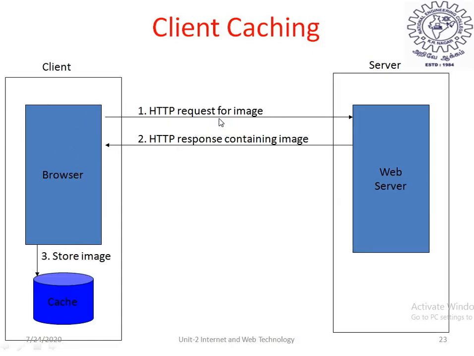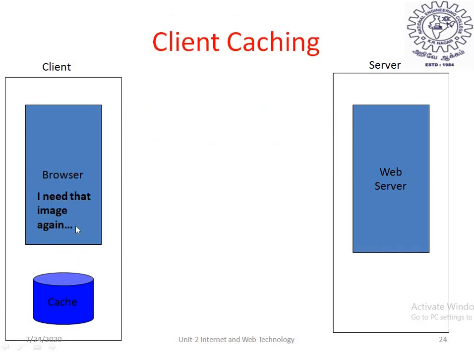See here, HTTP request for image. The request will be sent to the server. Server in turn receives a request and processes a request and sends response containing an image. The image should be stored in the cache memory. So again I need that image again. I already told HTTP is a stateless protocol, which means the current request does not know what has been done in the previous request.